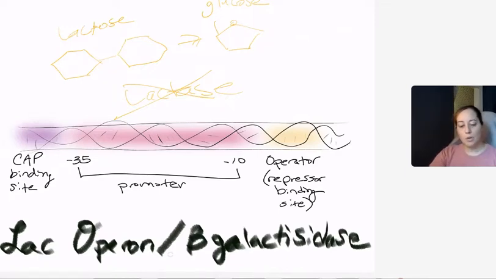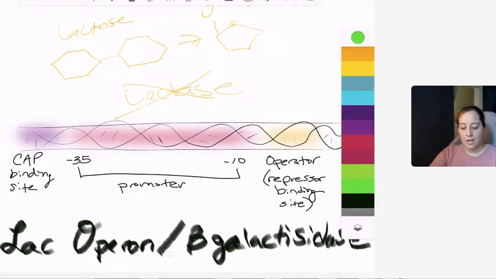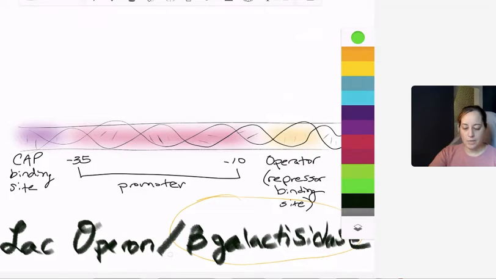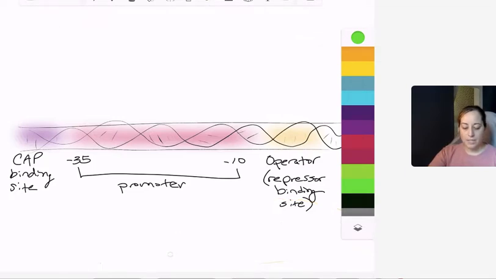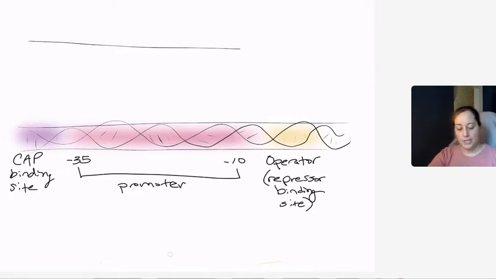But for now, what I want us to concentrate on are the molecules that are going to bind to this stretch of DNA. This stretch of DNA is upstream of the gene.